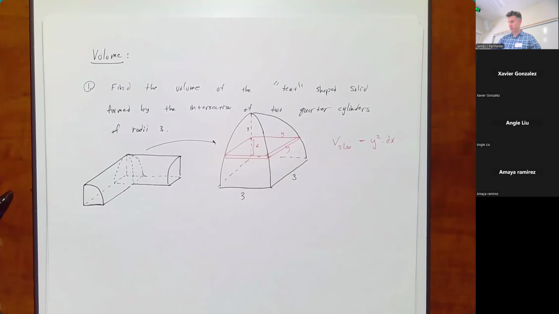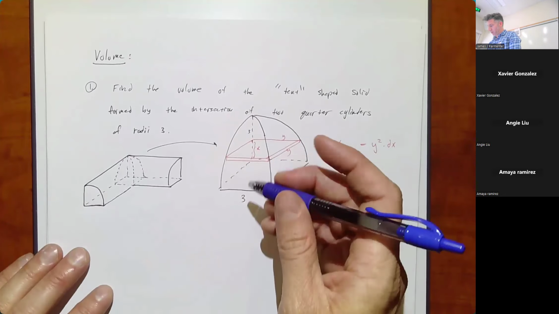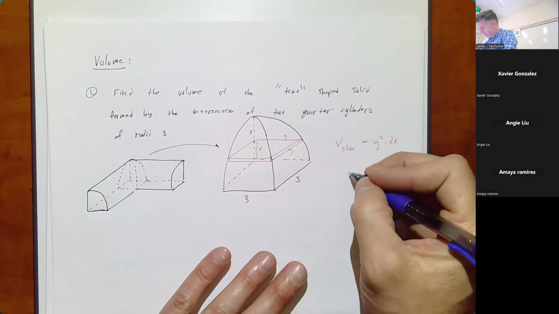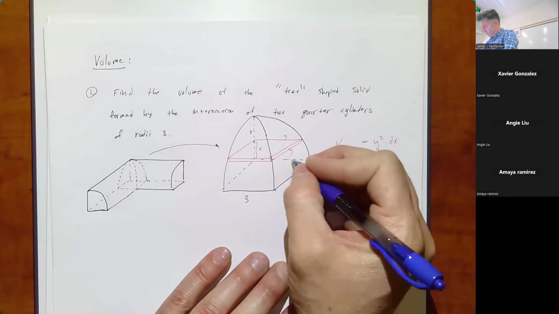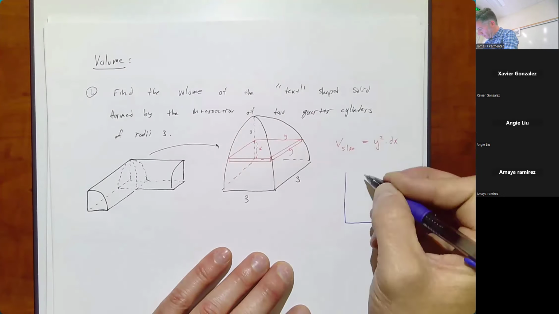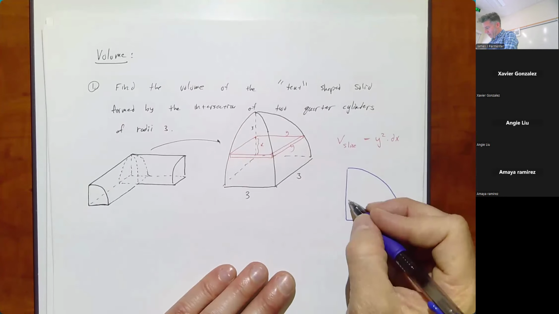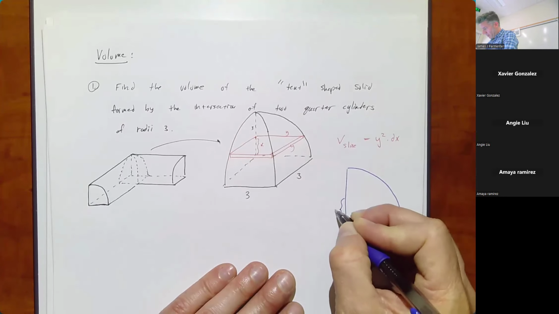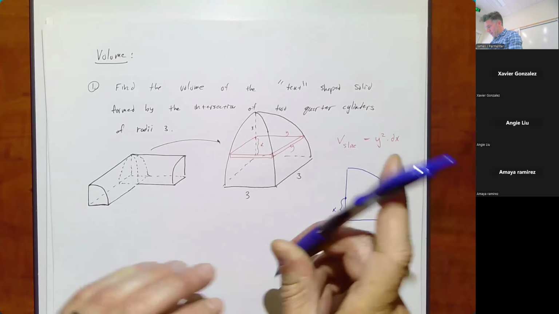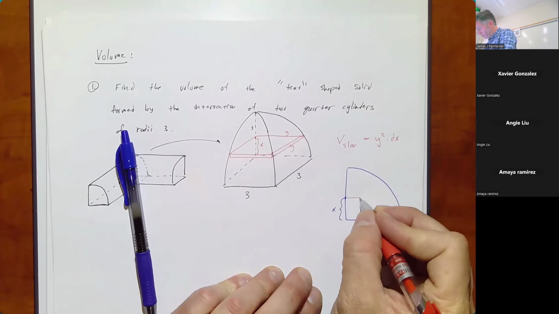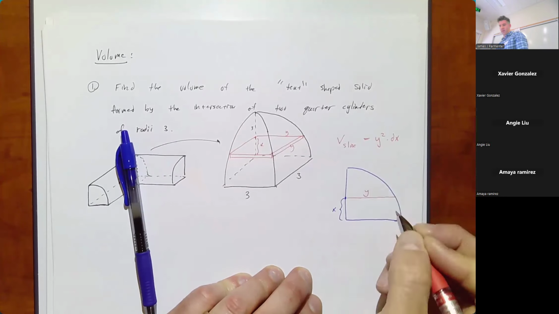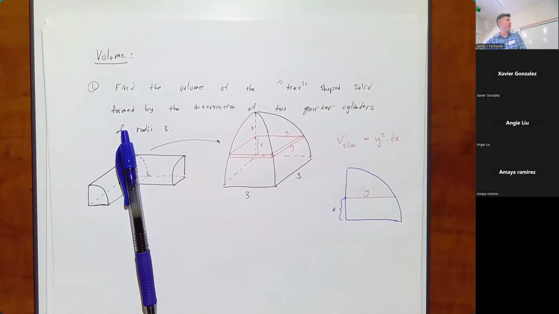So let's give ourselves a little bit of a favor here. I'm going to draw just part of this, looking at the back face for a second. There's my back face, and we're at a height of x, and this length in red here is y. I would really love to get y in terms of x.